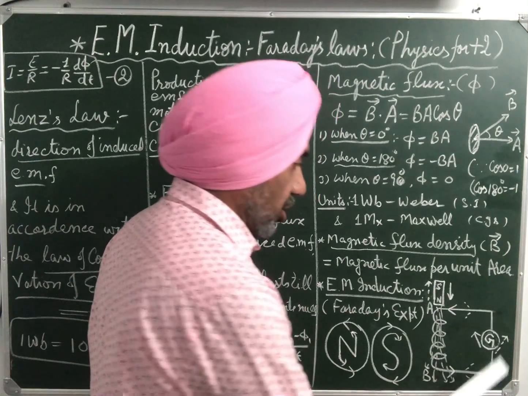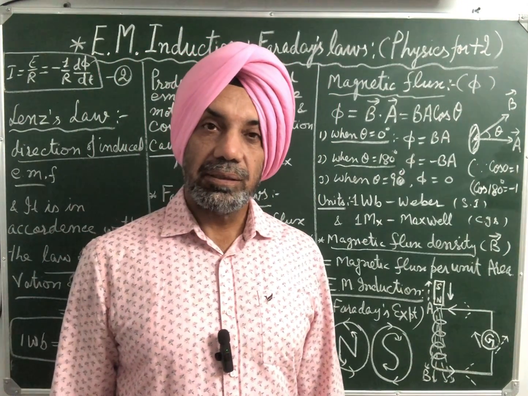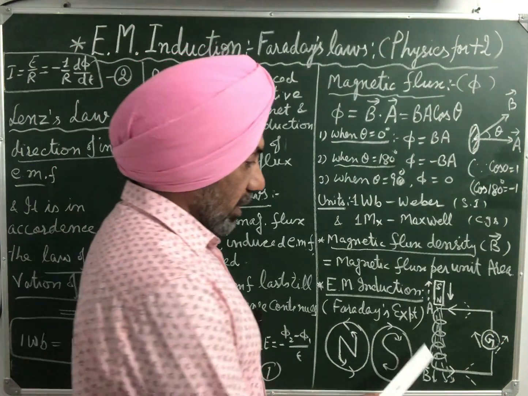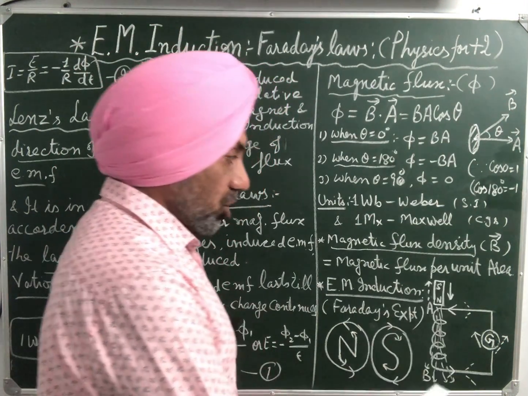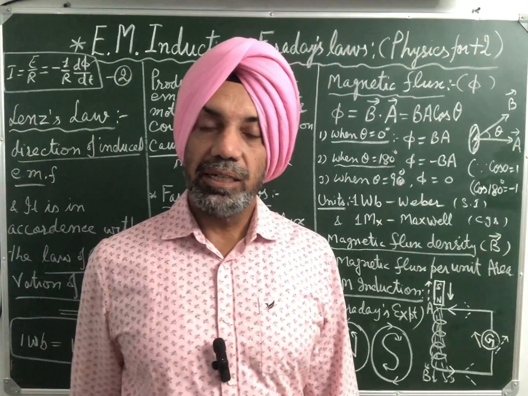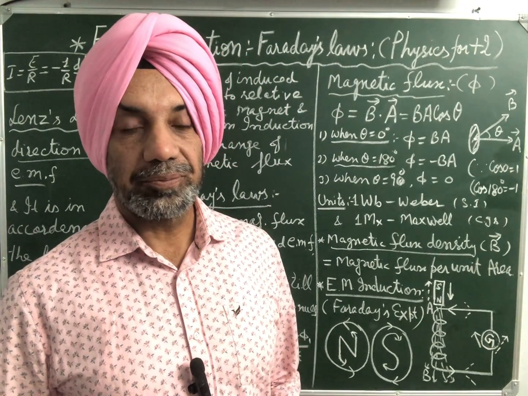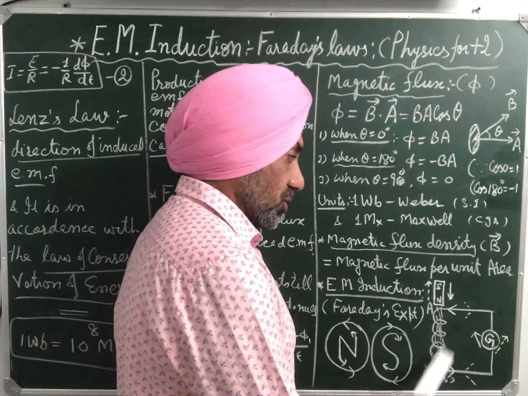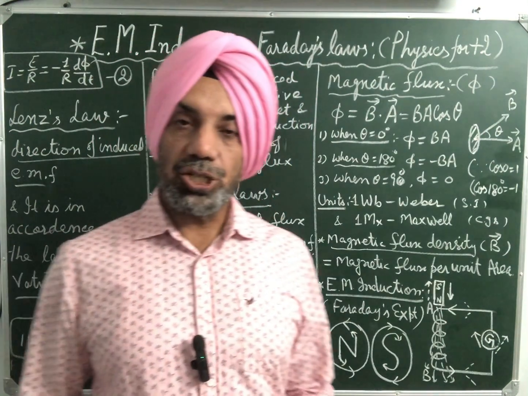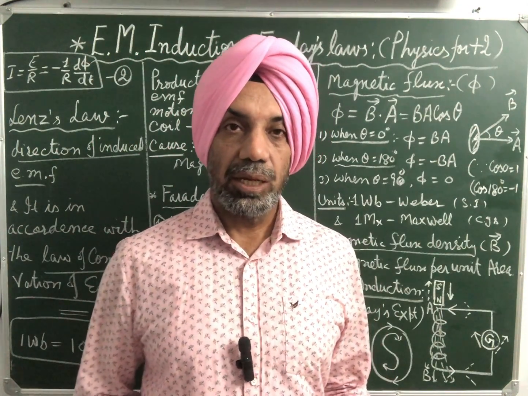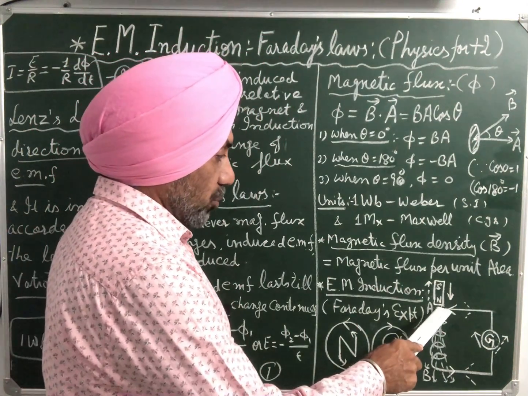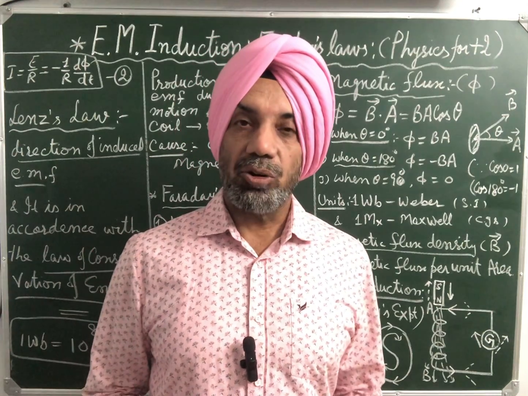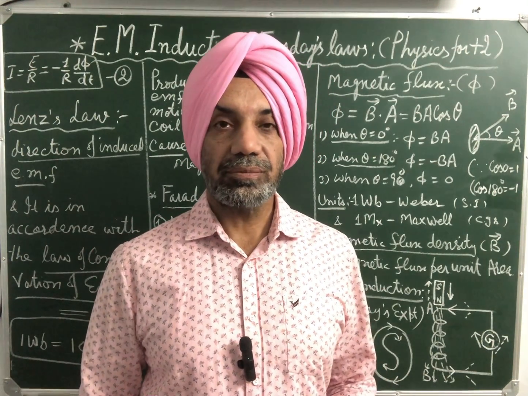Galvanometer can give deflection only when its ends are at some potential difference. It means whenever there is relative motion between the magnet and the coil, induced EMF is produced. And this phenomenon of production of induced EMF due to the relative motion between the magnet and the coil is called electromagnetic induction.